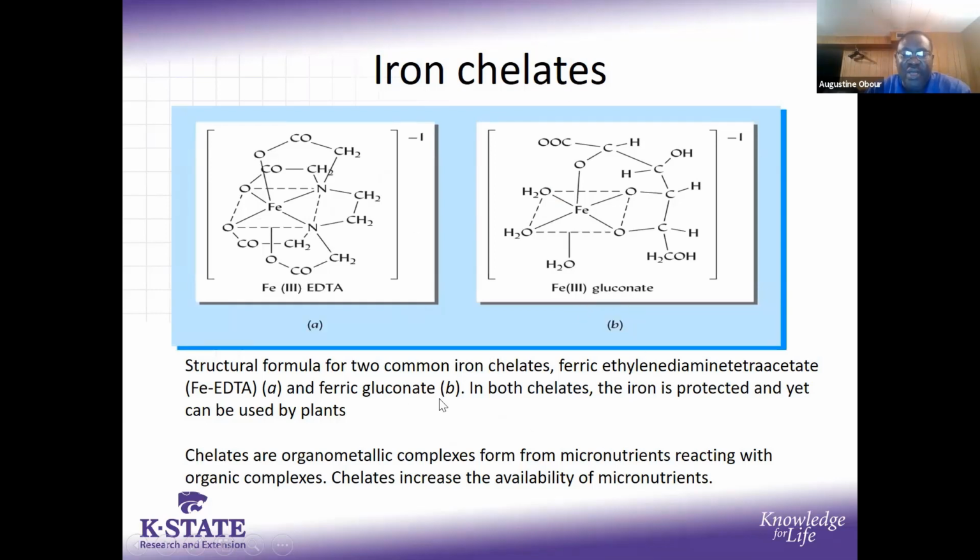These are all chelates formed in both structures. The iron is being protected. We have the iron here being protected in the structure, but it becomes available for the plant. So these chelates are able to increase the availability of iron or other micronutrients for plant uptake.